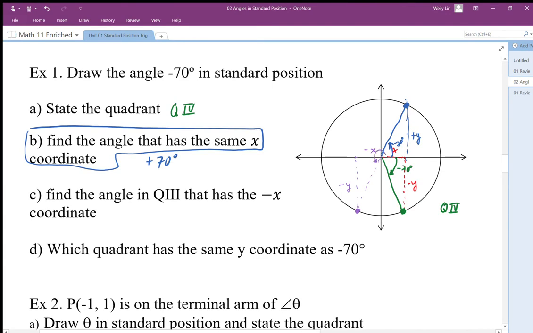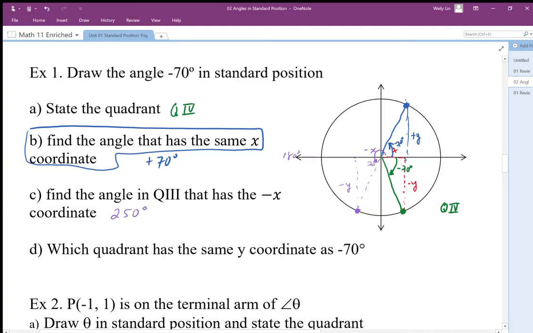There's lots of ways to do it, but we can say that we could use a reference here. Well, this is 180 degrees, and we know that this angle in here is 70 degrees. So the positional angle, again, remember we're talking about the position, the angle that locates this position is going to be 180 plus 70, so that's 250 degrees.